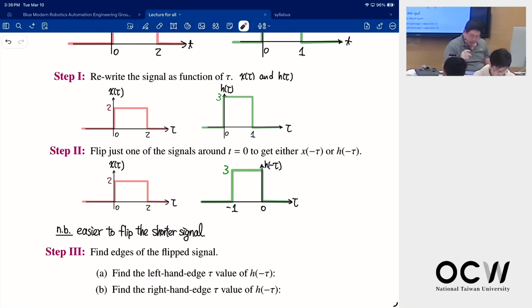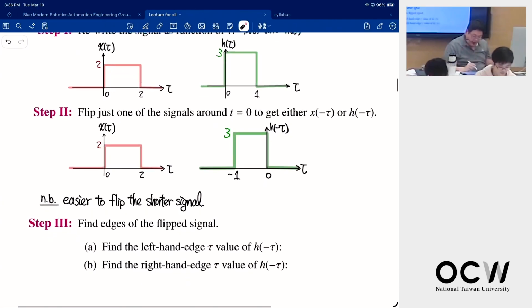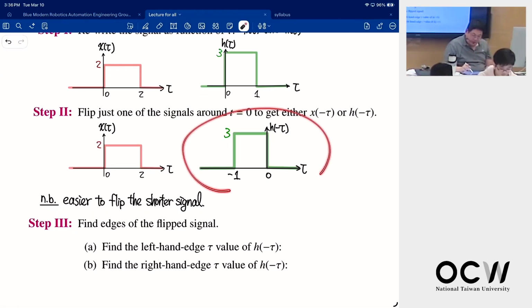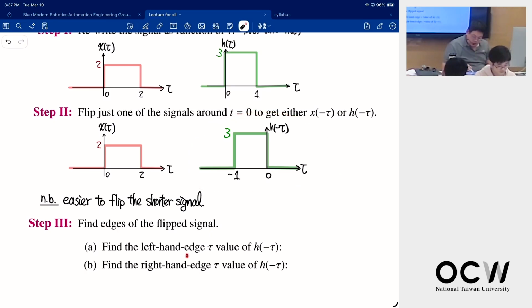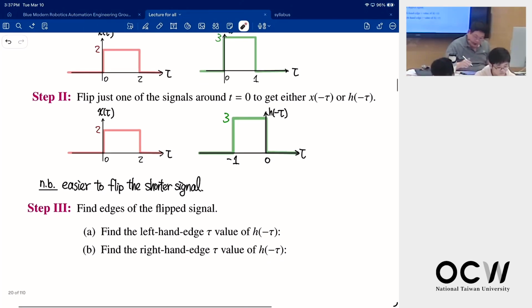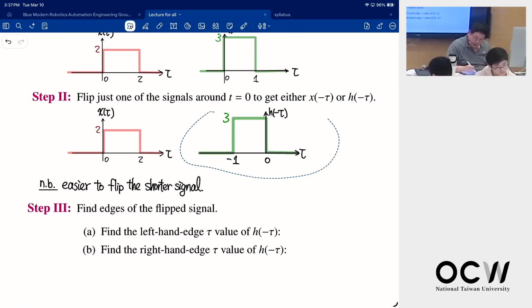Next, we could find the edges of the flipped signal. If I flip it, now I need to find the left hand edge and also the right hand edge. So in this case, just copy.